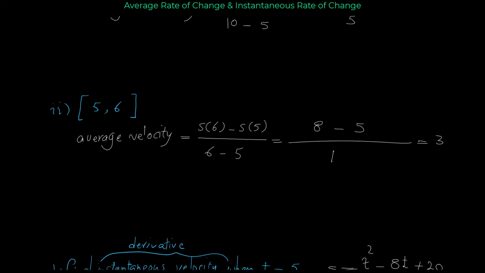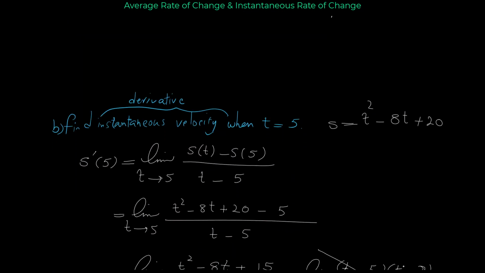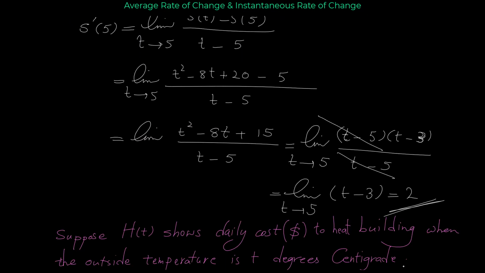Attention, if here instead of 6, for example, you go and calculate the average velocity over the interval, for example 5 to 5.1, a smaller interval, you are going to see that the average velocity over this interval is a number close to the instantaneous velocity.